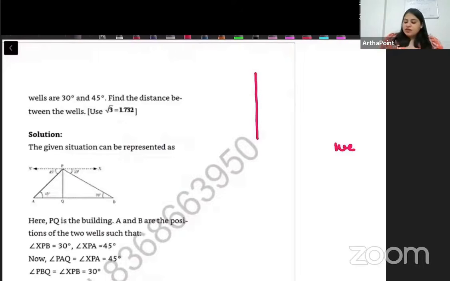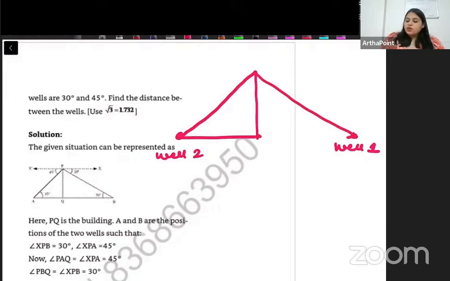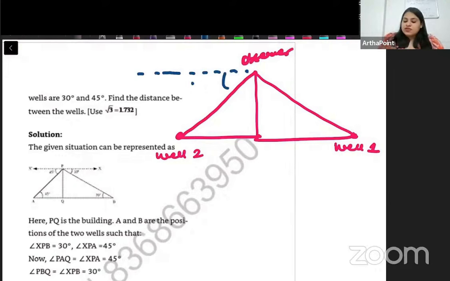This is well 1 on the opposite side. This is well 2. You see well 1 from here, you see well 2 from here. This is the observer. And the angles of depression are 30 and 45 degrees. So beta, suppose this is 45 degrees and this is 30 degrees.